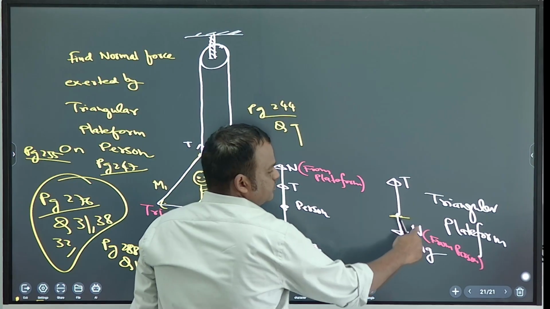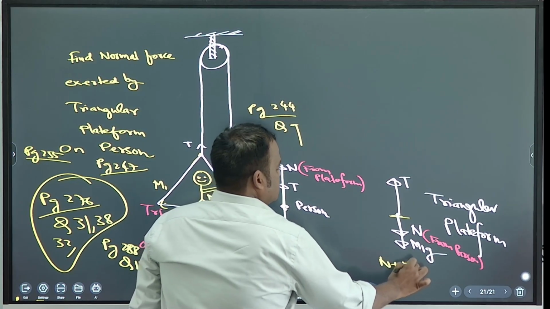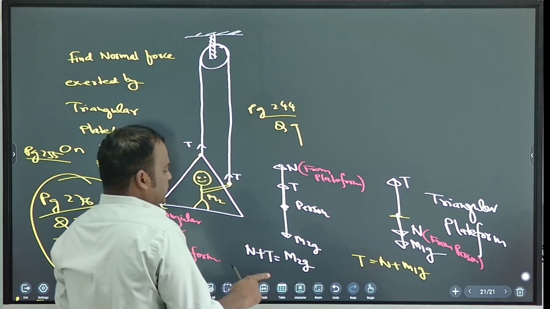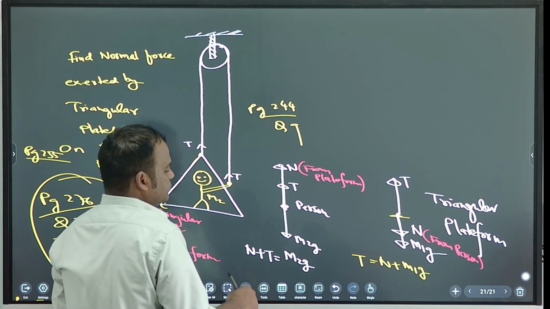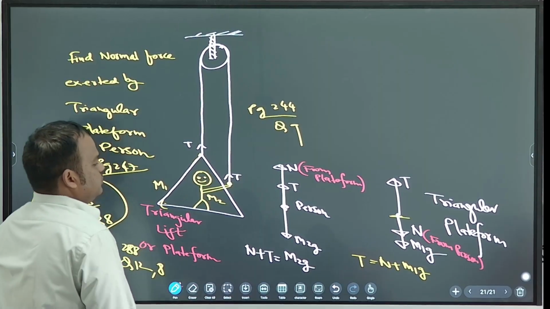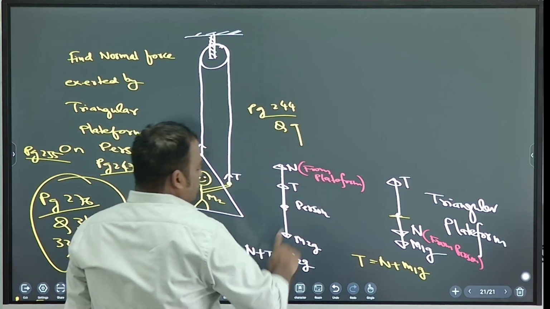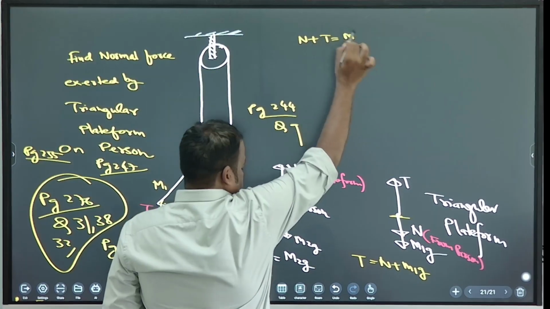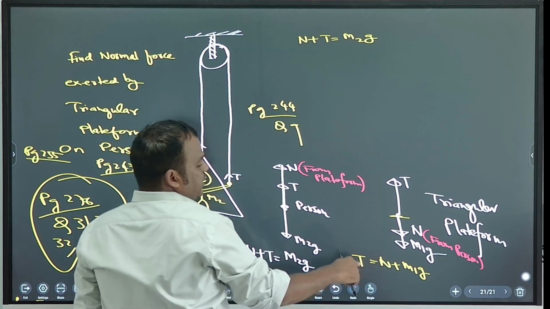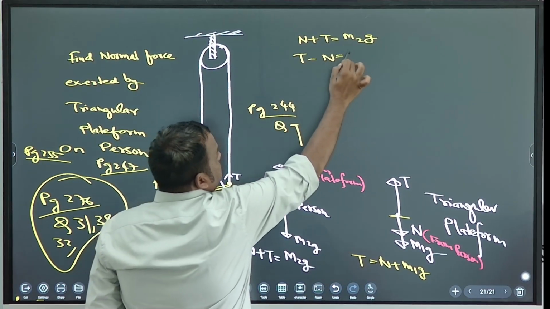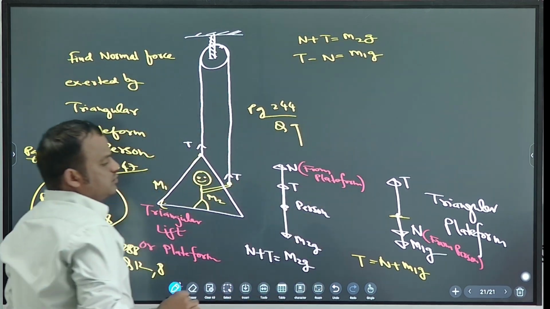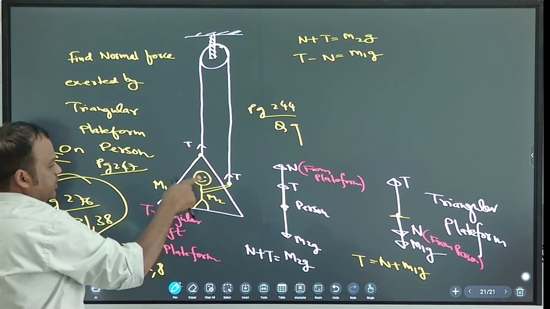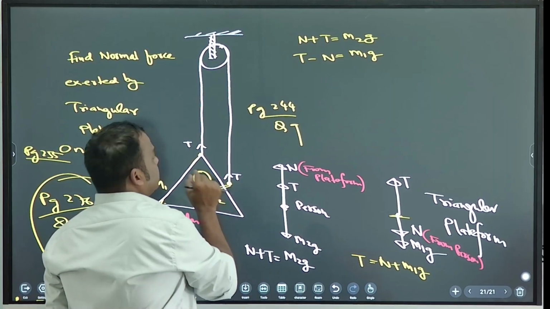T is equal to N plus M1 G. So now you have two equations: N plus T is equal to M2 G, and T minus N is equal to M1 G. M1 is the mass of the platform, M2 is the mass of the person.